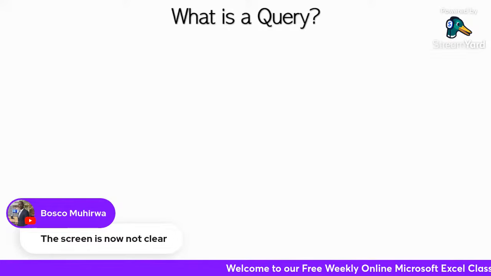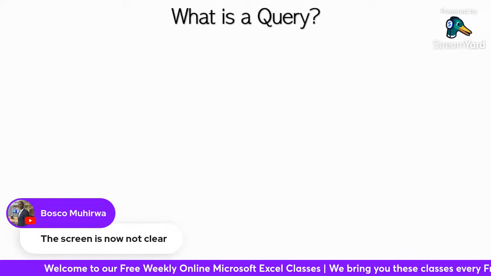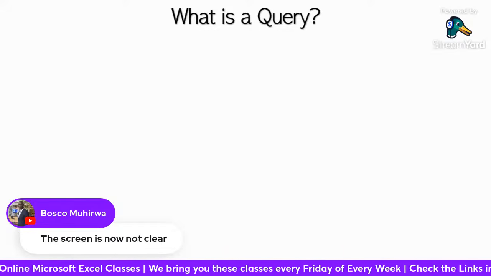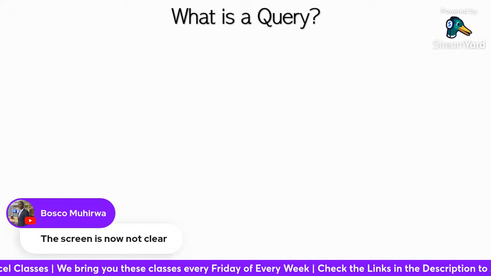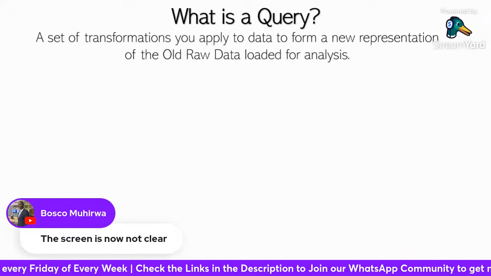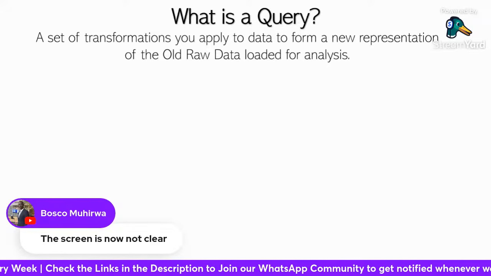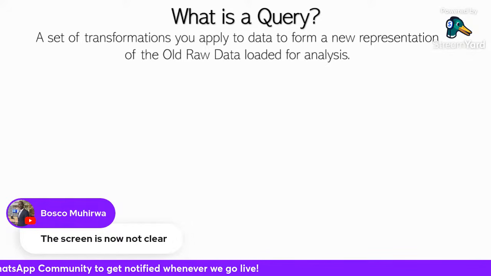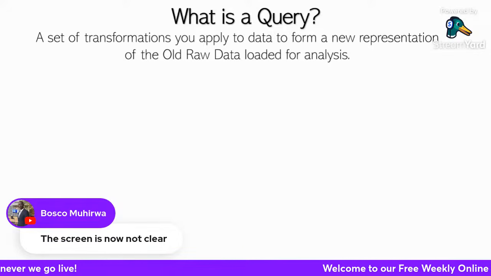All right. Now let's move forward. What is a query? We talk about Power Query. We need to understand what a query is before we start working with Power Query inside Microsoft Excel. It is a set of transformations, as we have discussed, that you can apply to your raw data to form new representations of the old raw data you have loaded before you start the analysis.